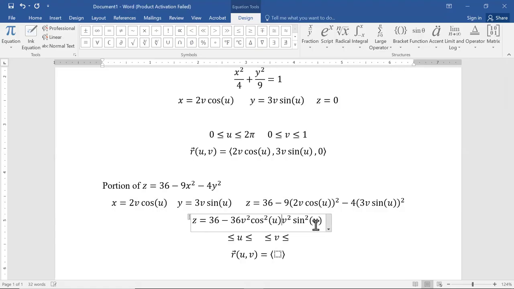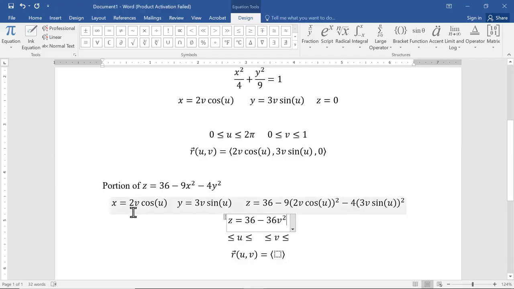If I factor out a negative 36v squared, I get minus 36v squared times cosine squared plus sine squared of u. That cosine squared plus sine squared becomes a 1. And so my z becomes 36 minus 36v squared when simplified.